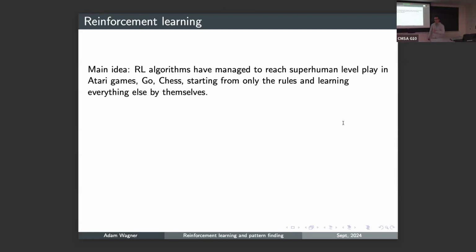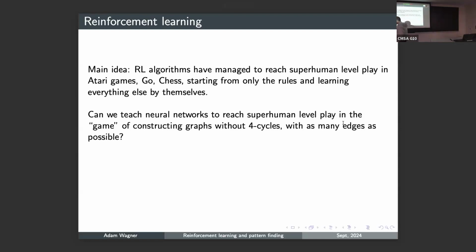The really interesting thing about all these programs is that they start by knowing absolutely nothing about the games at all, only the rules, and they figure out everything else just by playing the games many times, just by themselves.